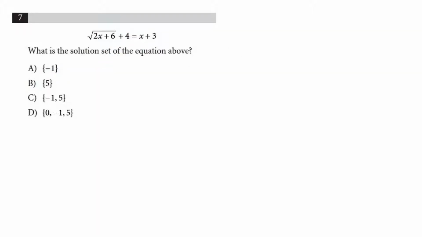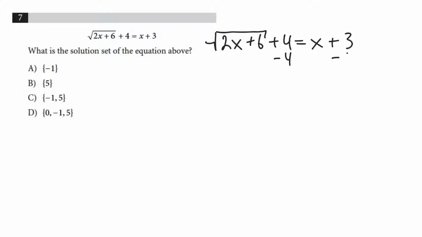Number 7. What is the solution set of the equation above? Okay. So if we want to solve a radical function, we need to isolate the radical. So let's see, it's going to be square root of 2x plus 6 plus 4 equals x plus 3. So I'm going to subtract 4 from both sides.